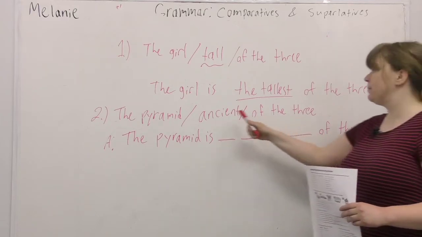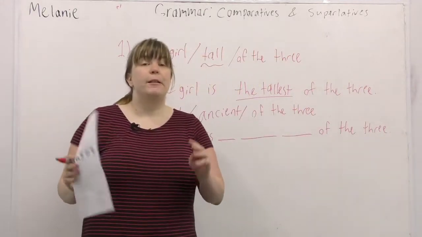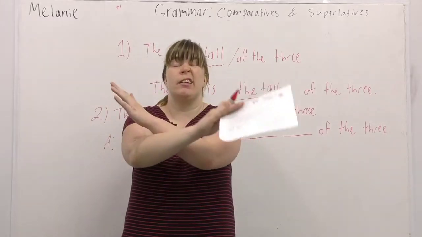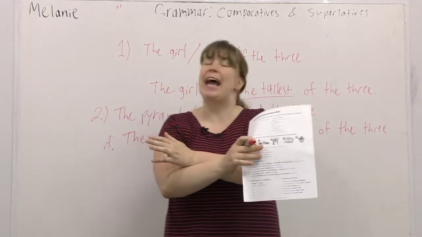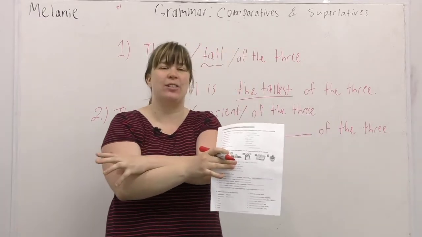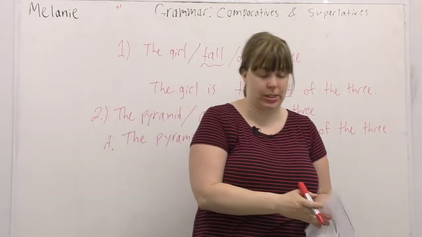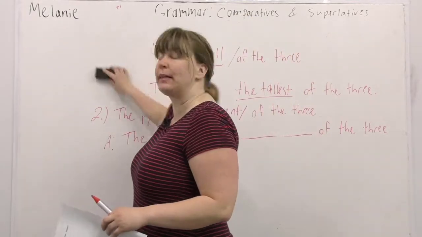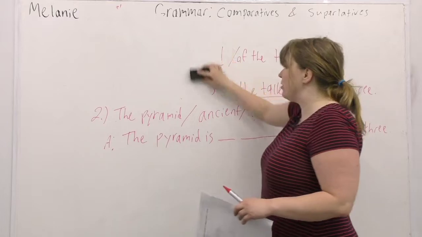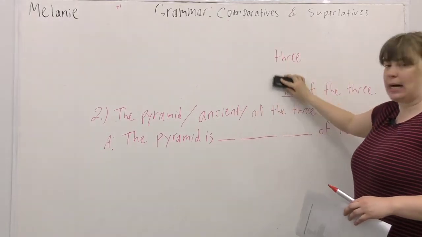So remember, if it's 2 syllables, but there is no Y at the end, we don't add EST at the end. We have to do something else. So I'm gonna leave that blank for now, and I'll let you try to fill it in. I'm gonna write out number 3 in the meantime.